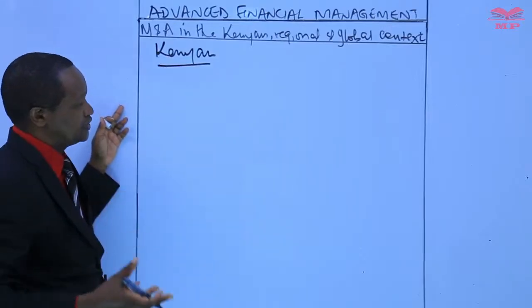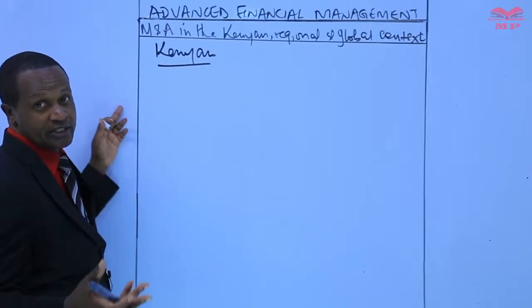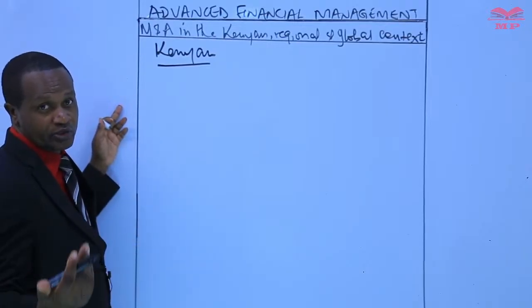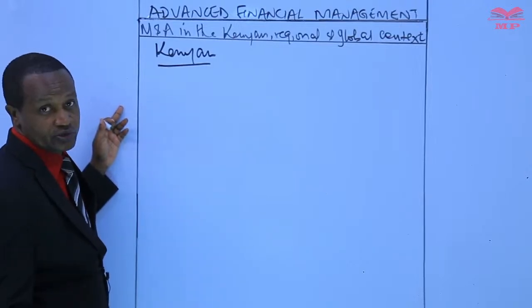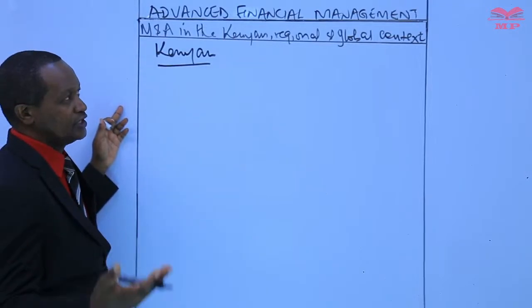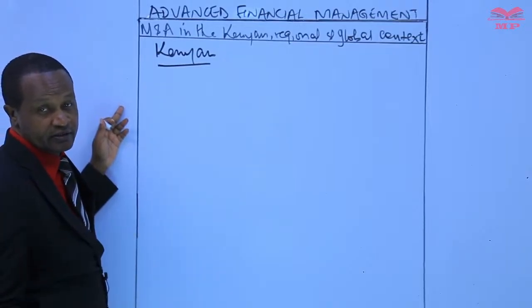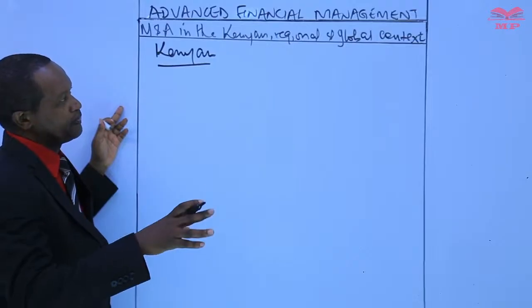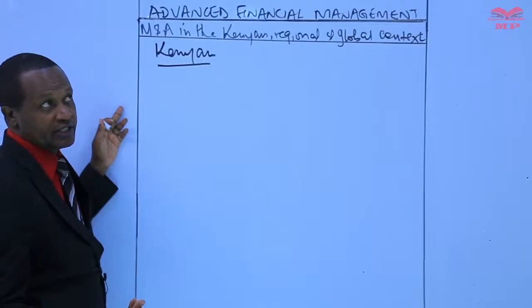Here in Kenya, we've seen companies merging, we've seen companies acquiring others, and the reason has been because of the economic growth in the country, because of market consolidation. We've also had an increase in foreign investments, and there have been mergers and acquisitions in various sectors, various industries.